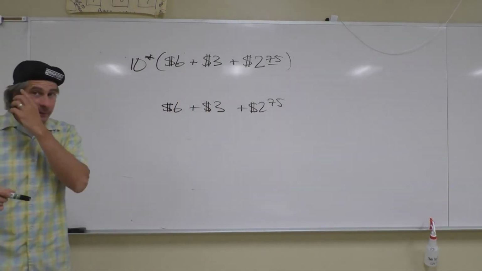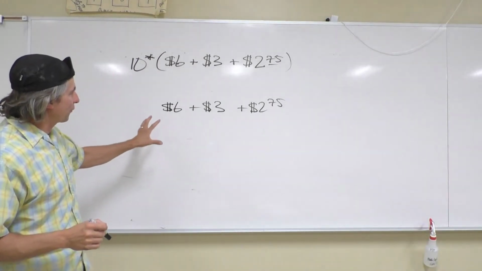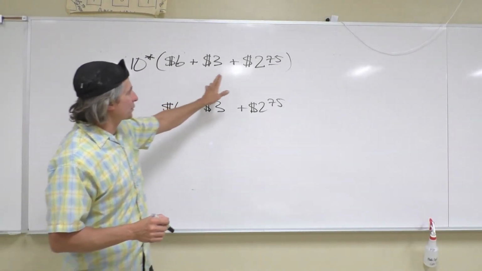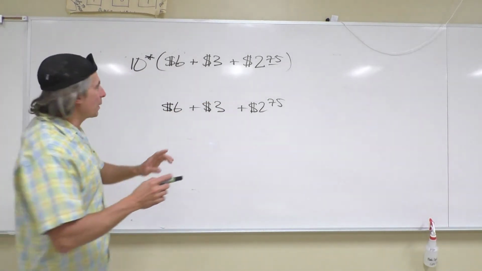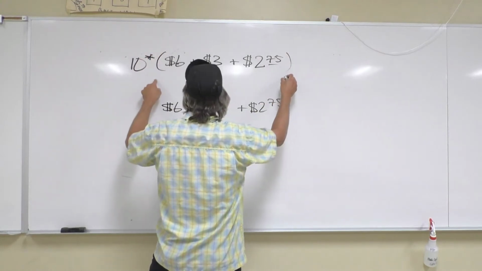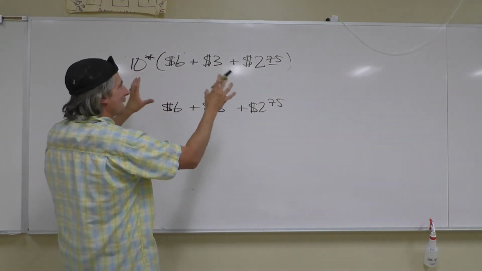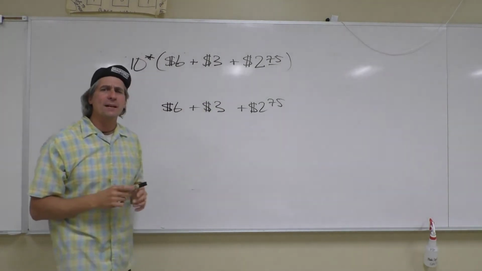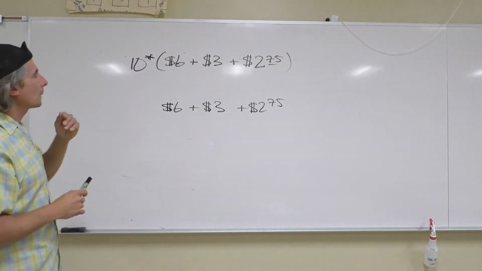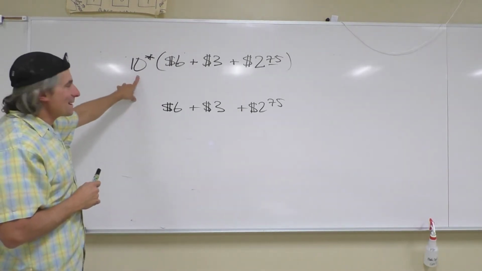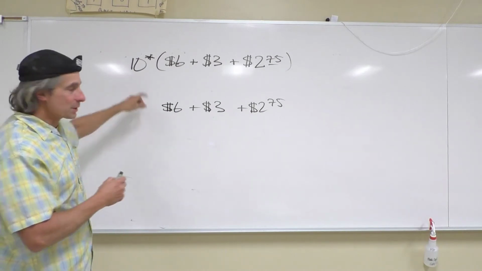Okay, so the first thing that these folks say is, well, I'm going to look first at that $6 plus $3 plus $2.75. And I'm going to view those parentheses as forcing me to look at just what's inside the parentheses. Almost like the parentheses are a flag that says, do this first. And then they say, do that 10 times.